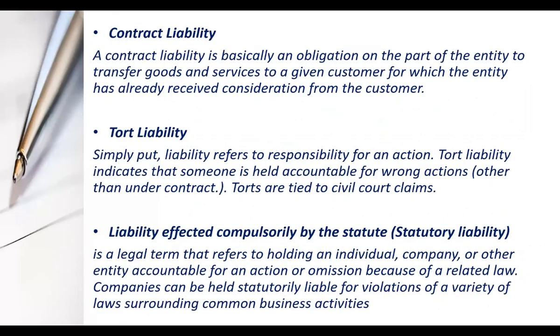When we talk about contract liability, it is a liability which is basically an obligation on the part of the entity to transfer goods and services to a given customer for which the entity has already received consideration or premium from the customer. Tort liability, simply put, refers to the responsibility for an action. Tort liability indicates that someone is held accountable for wrongdoing other than under contracts. Torts are tied to civil claims.